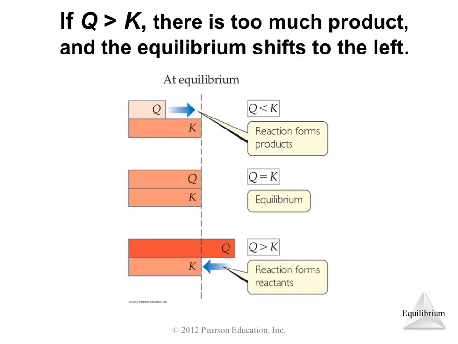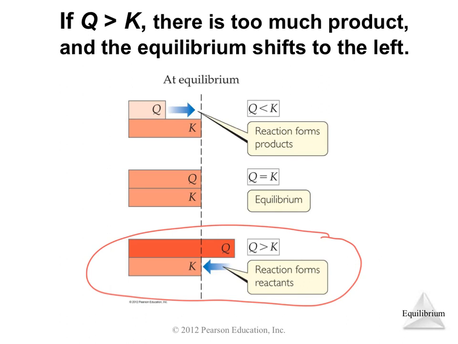So if Q is greater than K, that means there's too much product and the equilibrium shifts to the left. We need to shift back to the reactants in order to reach equilibrium, which makes sense.